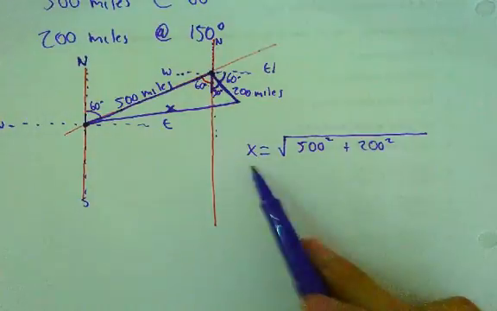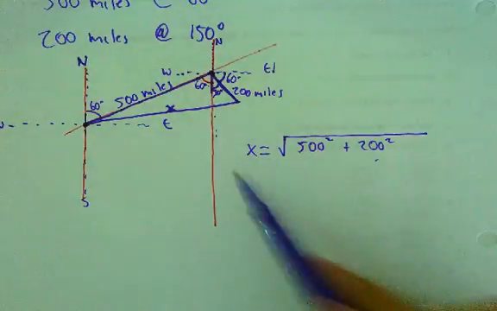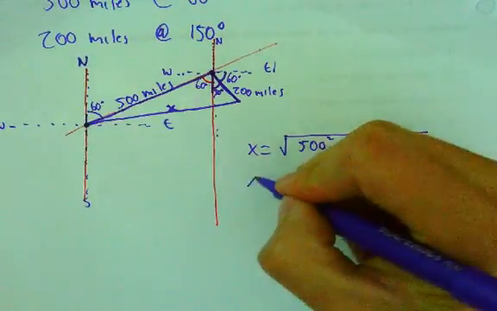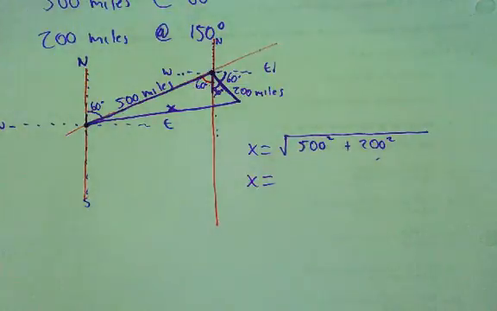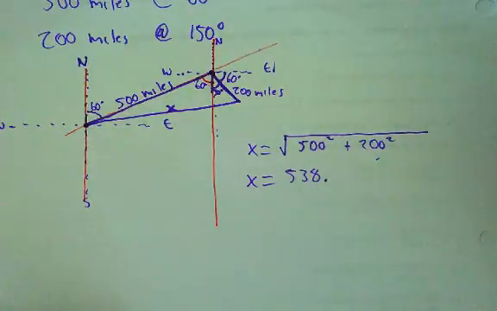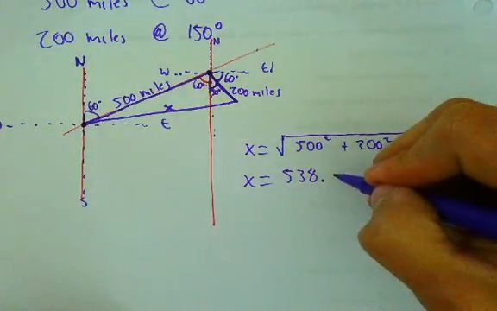Okay. So, go ahead and plug it in. Try it on your calculator and somebody tell me what you get. 538, and let's use 3 decimals. 516. And what's your measurement? Miles.